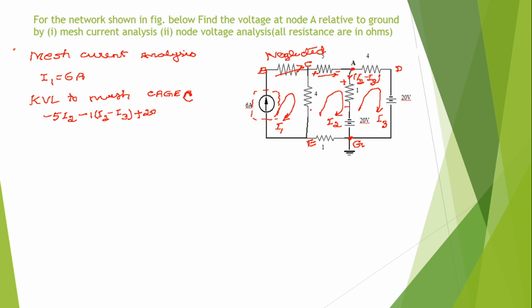Now coming to this element, E to G. The current also flows from E to G, so E acts as higher potential and G acts as lower potential. That means the voltage falls, and falls means minus. What is the voltage value? 1 into I2.